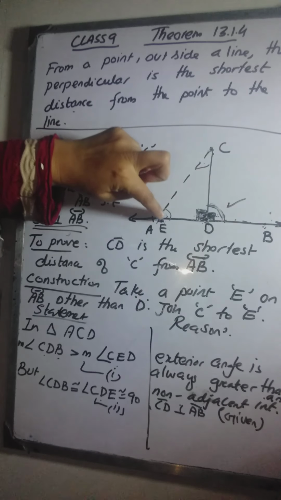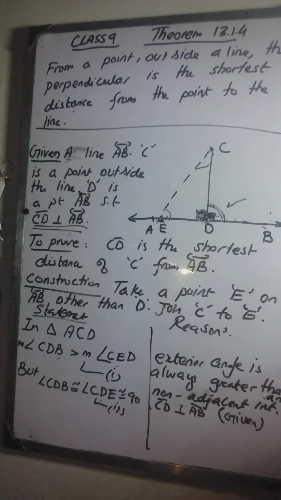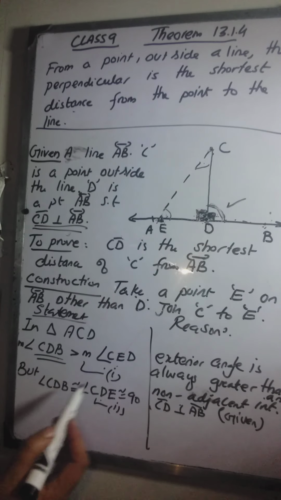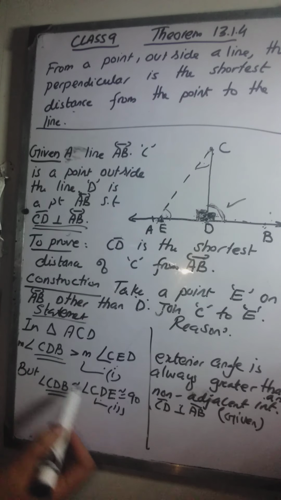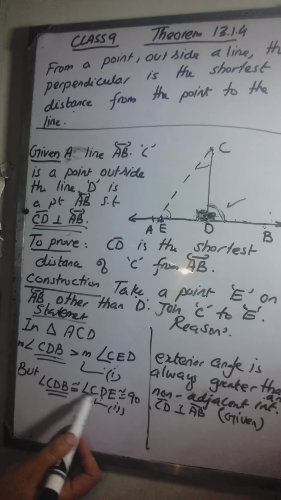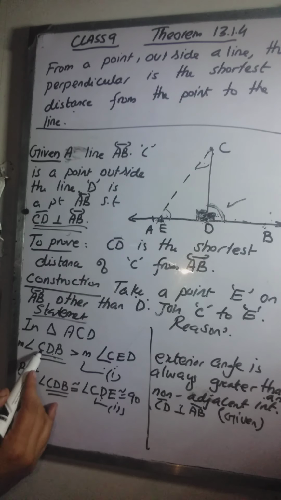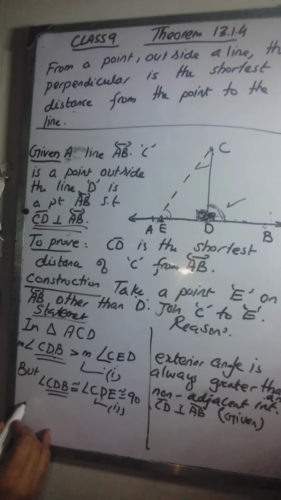So if this angle is greater than E, then this angle will also be greater than this angle E, because both are 90. So from 1 and 2 we know that CDB is greater than CED and CDB is equal to CDE. So we can replace CDB by CDE over here because both these angles are the same. So from 1 and 2, what do we have?